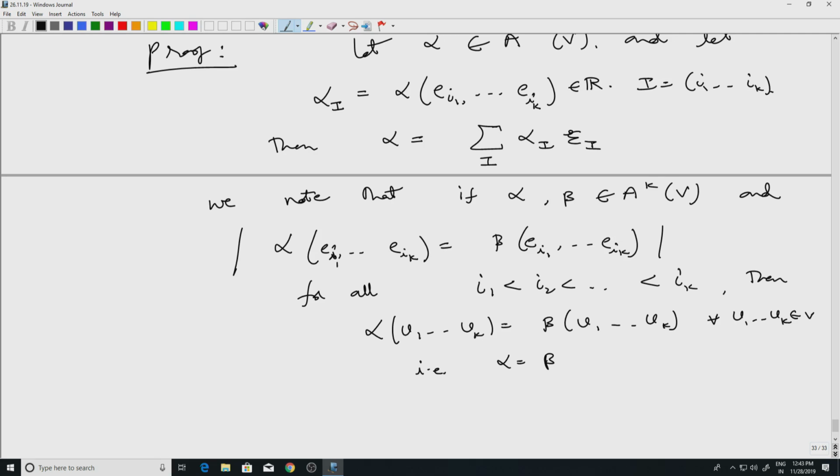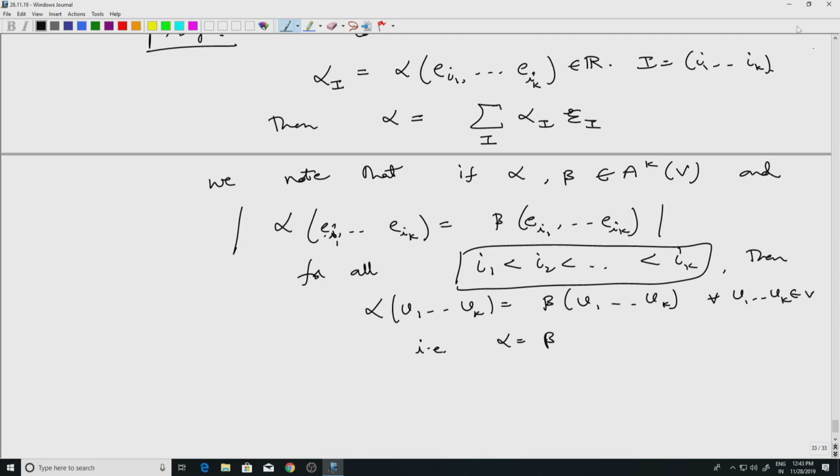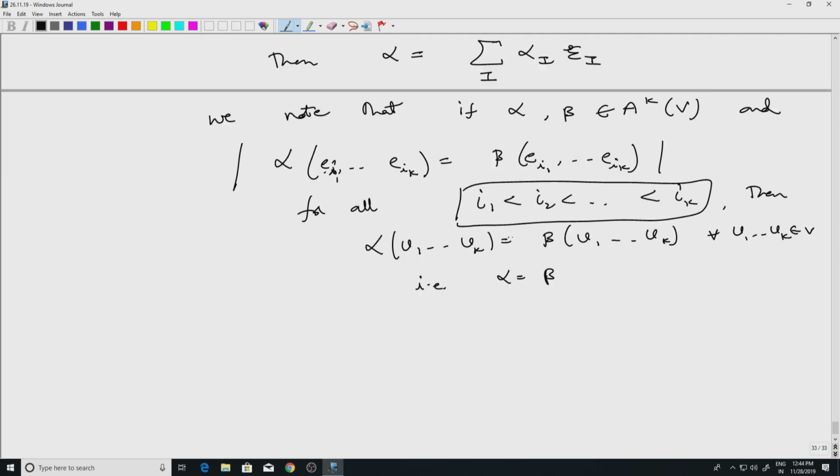So ultimately you can cancel the negative sign, and you keep on doing it till you put them in an increasing order. So we can assume this property. So it's enough to check for sequences of basis vectors with the indices ordered like this.